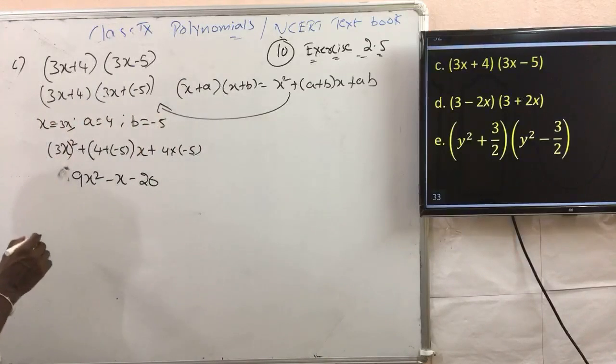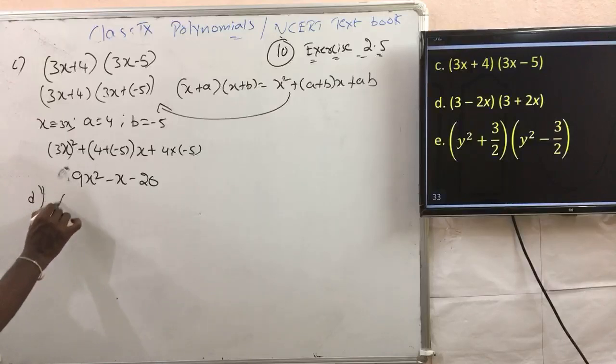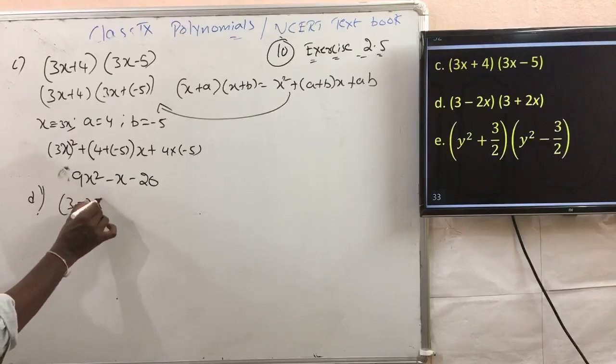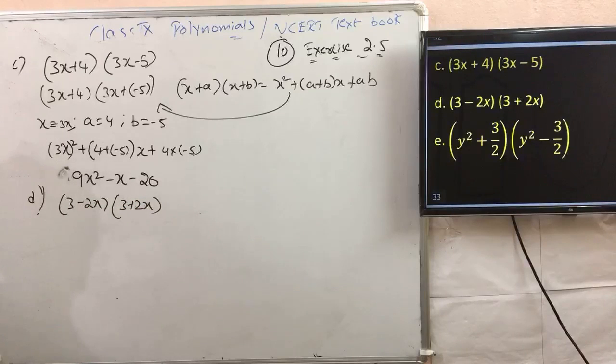Next, go with the next sum. 3 minus 2x into 3 plus 2x.